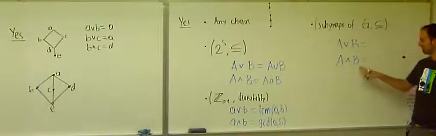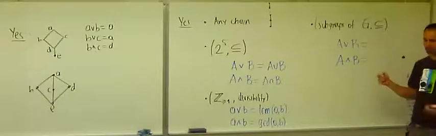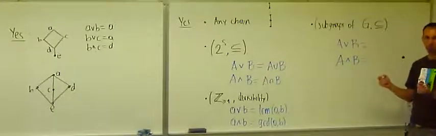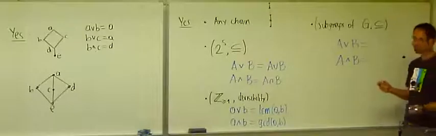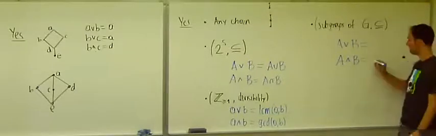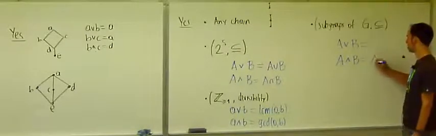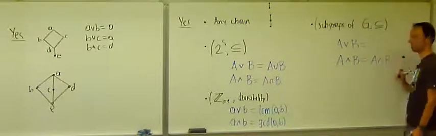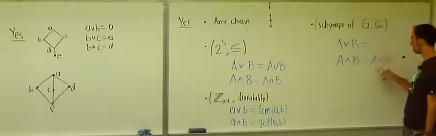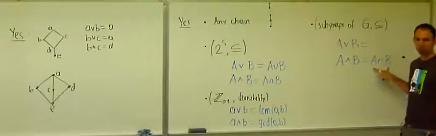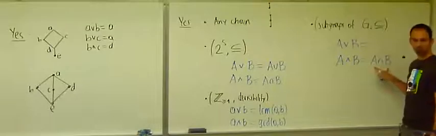So the meet of A and B is the largest subgroup that is contained inside A and B. Now, if you're contained inside A and B, that means you have to be contained inside A intersection B. But then you have to remember that if you take two subgroups of a group and you intersect them, you get a subgroup. If A and B are subgroups, then their intersection is a subgroup, and therefore it has to be the greatest lower bound.